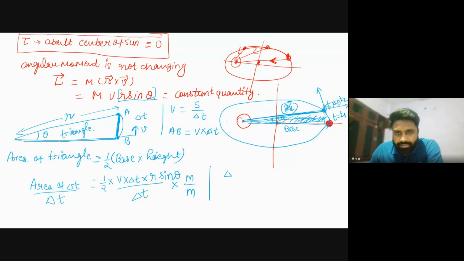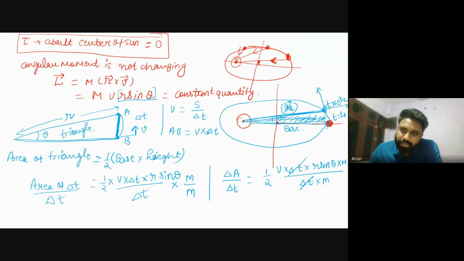You will have delta A, which is the area of the triangle, divided by delta T is equal to 1 by 2 times V into delta T r sine theta, m divided by delta T into m. So m and m got cancelled out. M we have to take here, and delta T will cancel out. You can see that this will become mvr sine theta, which is nothing but the angular momentum.